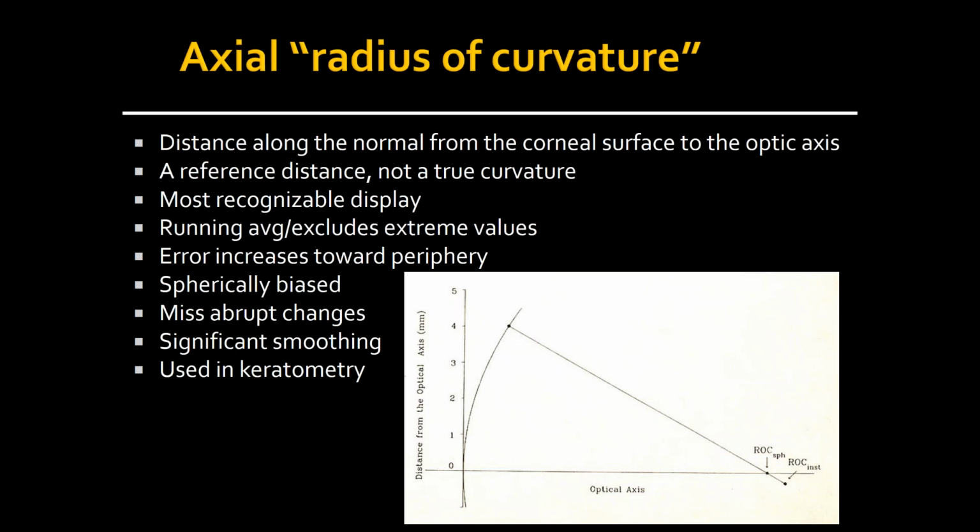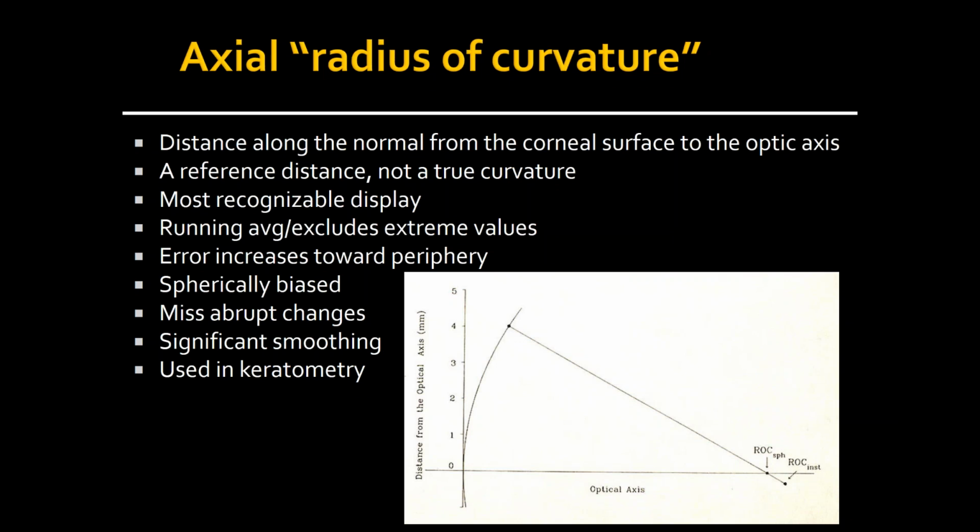The most common map that we see is called the axial or sagittal map, and it's described by a measurement of radius of curvature. It's a reference distance, not really a true curvature. One of the big weaknesses of these maps is that they're purely based on a spherical calculation.